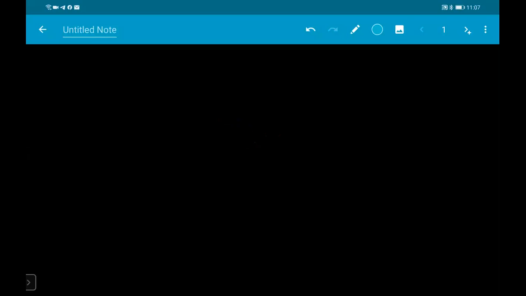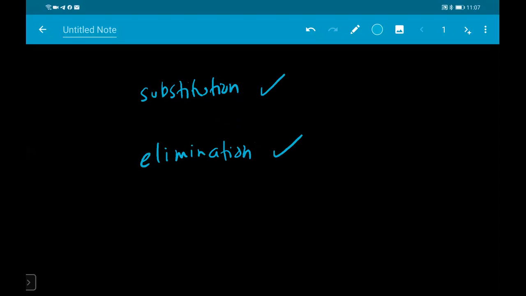Alright. Dalam chapter 7, ada 2 topik. First one is substitution. The other one is elimination. These are the 2 reactions which we heavily discussed in chapter 7.